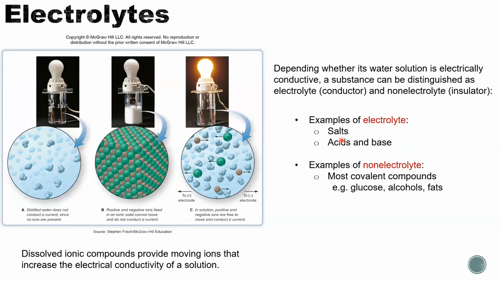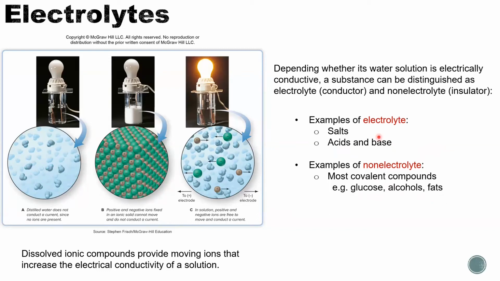When I say salts, I do not just mean sodium chloride. Salts is a general concept. That means an ionic compound with metal cations. Also, we have acids and bases. We are going to introduce these two concepts in later chapters. And examples of non-electrolytes are most covalent compounds, such as glucose, alcohols, and fats.